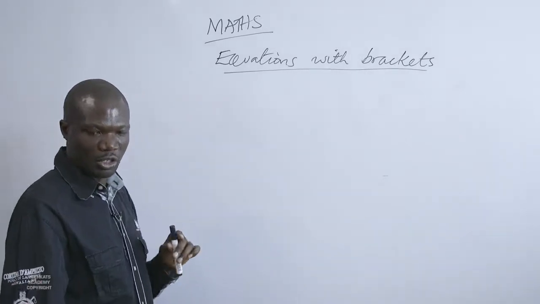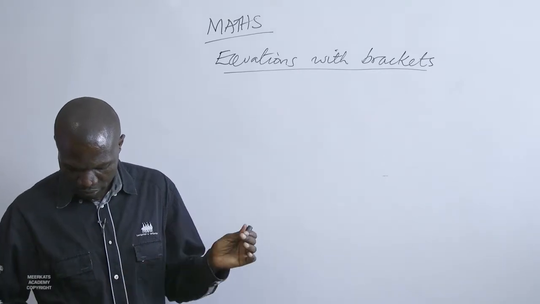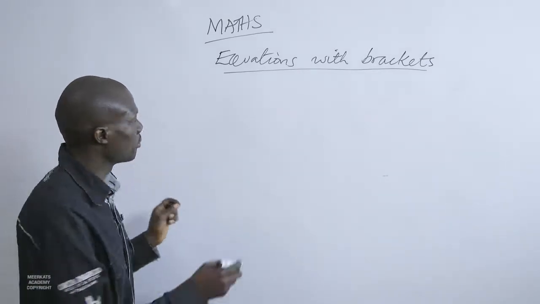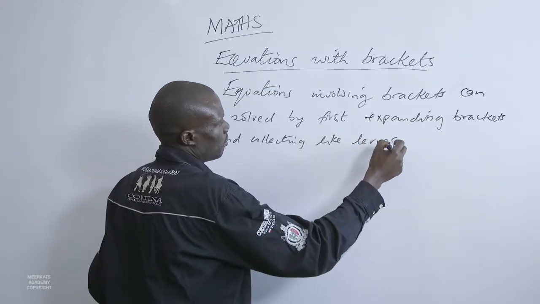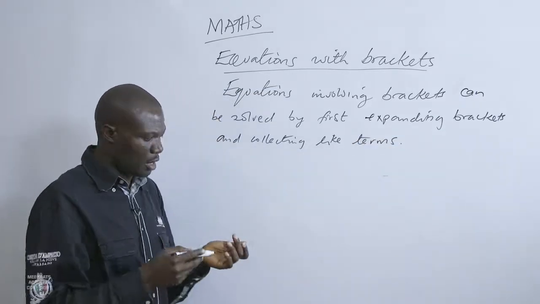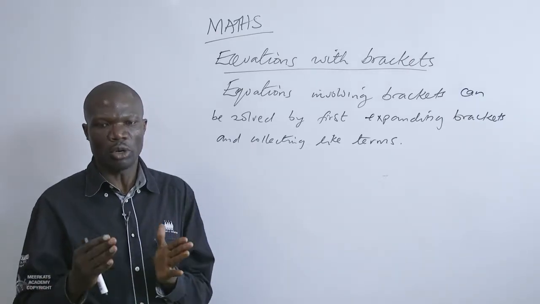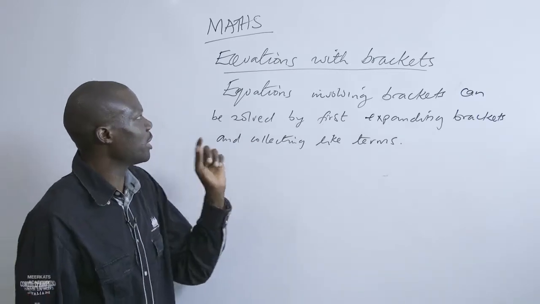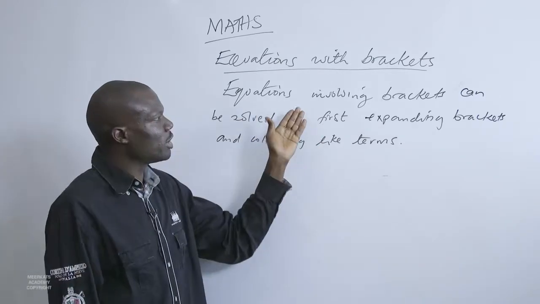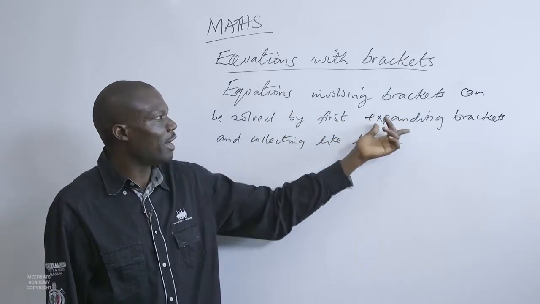And finally, we must also observe this. I've noted this because it combines both part 1 that we have seen about distributive law and like terms. So we are saying this: all equations involving brackets can be solved by first expanding.